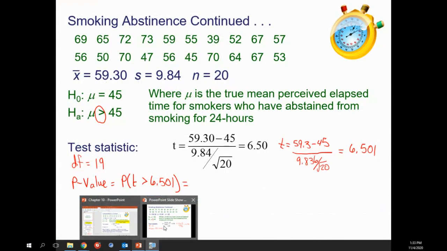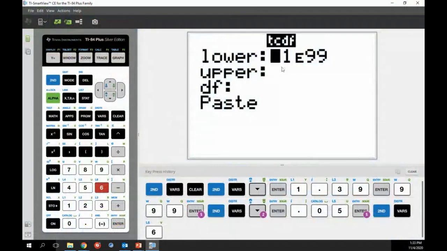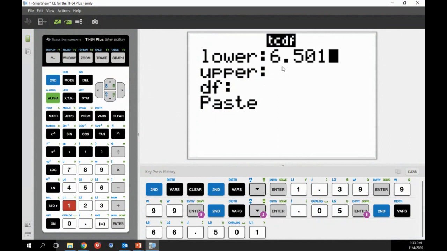We need the probability that t is greater than 6.501. So that means 6.501 would be our lower bound because we want to be greater than that. For the upper bound, we just need a big number.